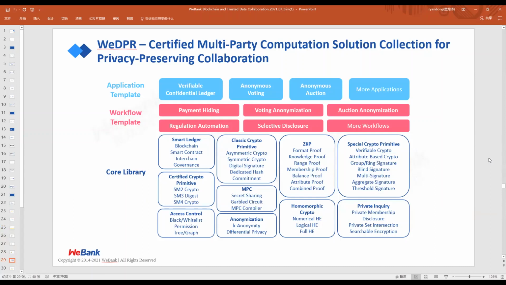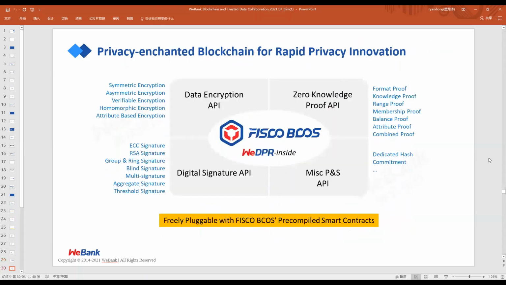As I showed before, you cannot rely on a single technology to solve all the problems. So we need a toolbox like a Swiss Army knife: for different problems, different technologies and different solutions. We organize it in three layers: library, workflow template, and application template.